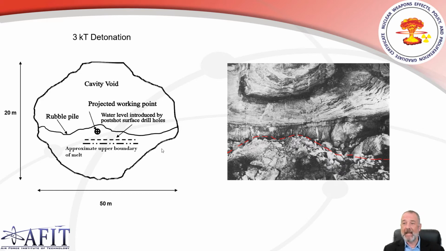So for one, that rubble line is caused by material that has been created, fractured and broken up as the expanding pressure from our nuclear device has occurred. It expands spherically, so all of the material underneath where the detonation point occurred doesn't really go anywhere. It just stays where it was created or broken or pushed out of the way.